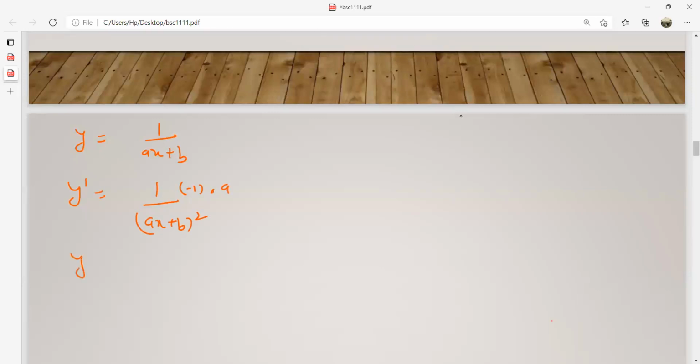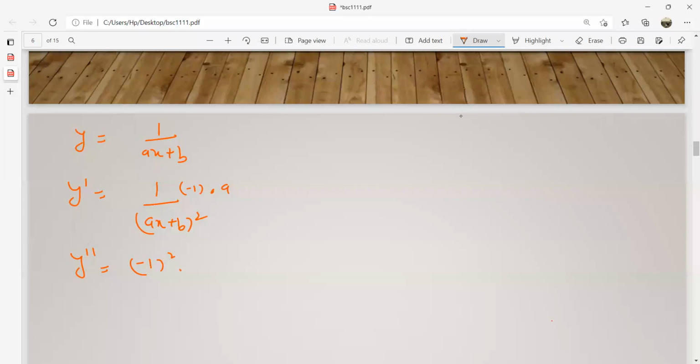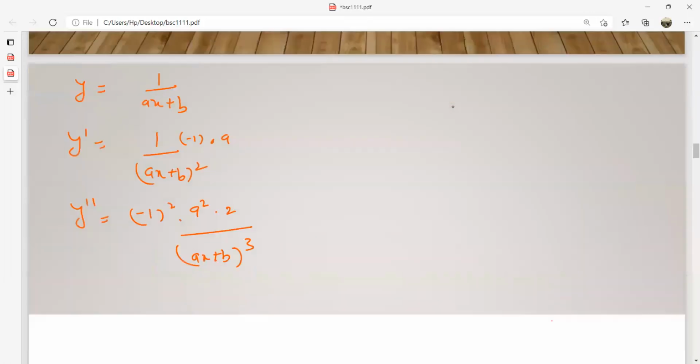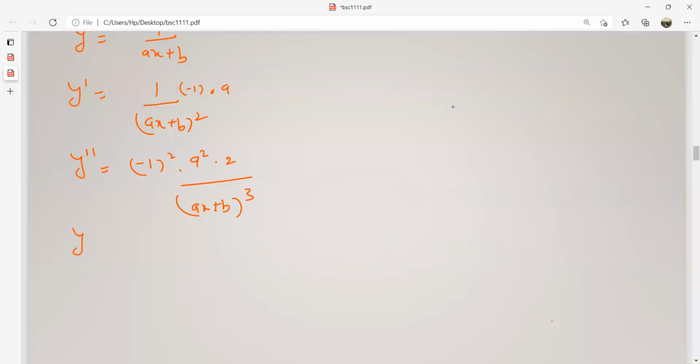Again you differentiate this function, the second time you find minus 1 to the power 2 into a square into 2 divided by (ax plus b) to the power 3. And again you differentiate one more time, y triple dash.